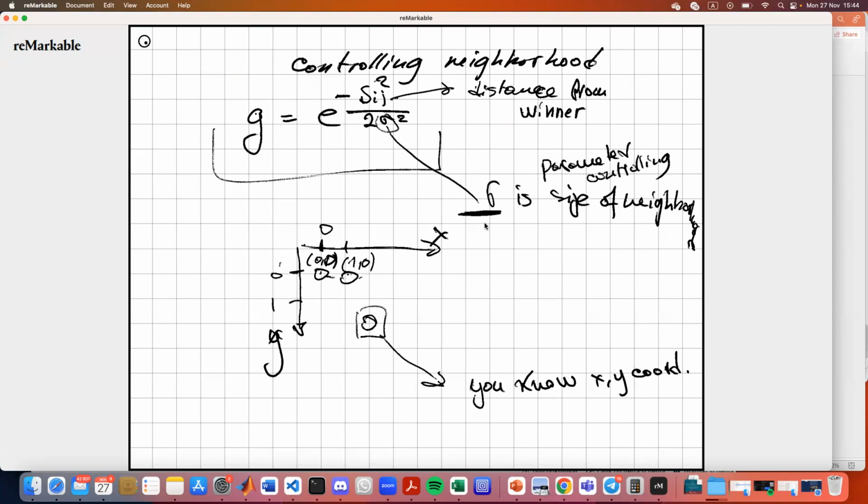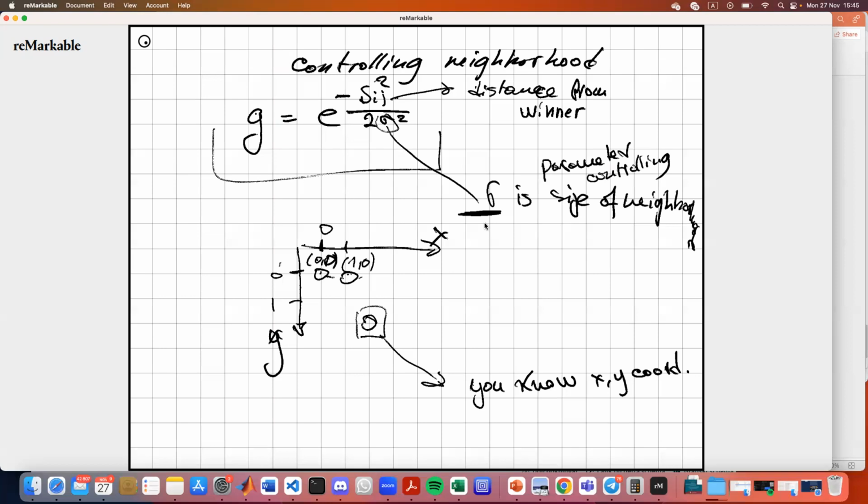What this function does is take the distance and compute g, which is the decay factor, which reduces the farther away you go. The larger the distance, the smaller the value of g, and the decay is Gaussian. It drops exponentially with the steepness of the drop controlled by the sigma parameter.